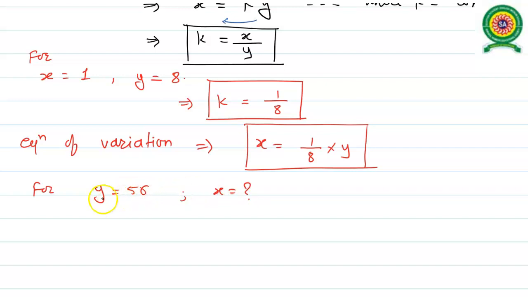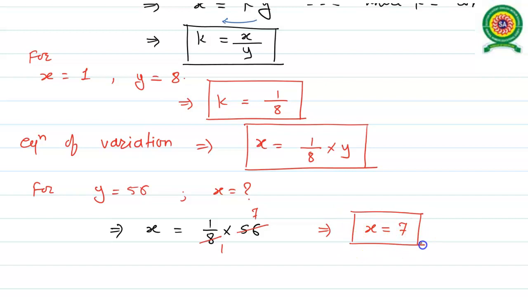Let's replace Y by its value in the equation of variation so that we get X. So that implies X equals to 1 upon 8 into Y. Y is now 56. Everyone well knows, 8 ones are 8 and 8 sevens are 56. So that implies whenever Y is 56, then the value of X is 7. That means 7 apples cost 56.